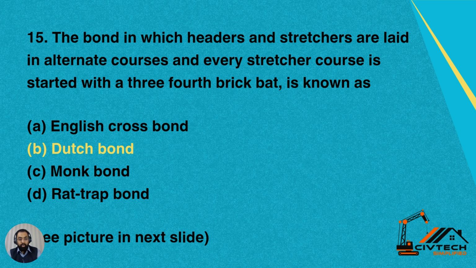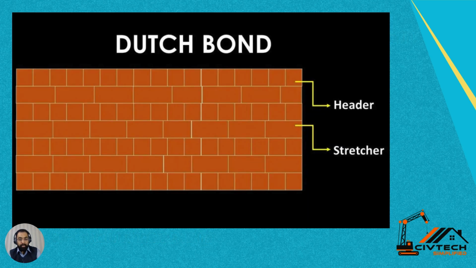The second condition is every stretcher course is started with a 3/4 brick bat. So every stretcher course will be started with a bat. I will show in the picture so that you should be clear. We will compare this in the following slides as well.